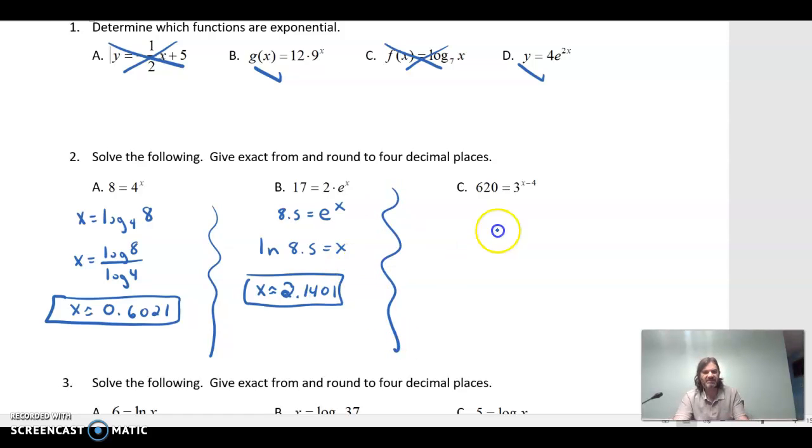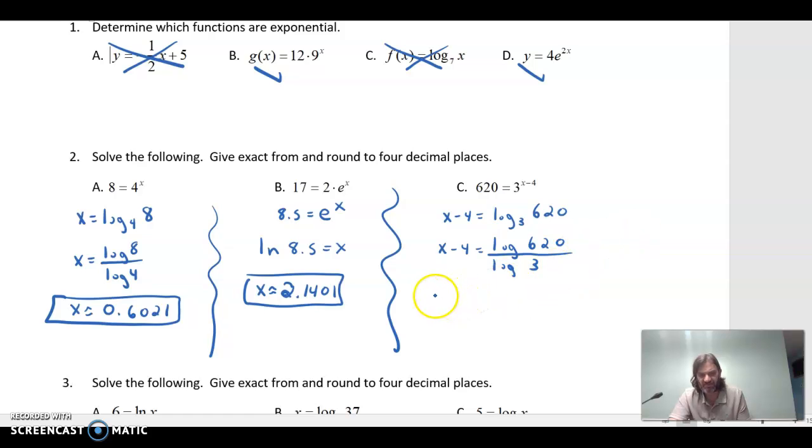And the last one here, 620 equals 3 raised to the x minus 4. So we need to get that x minus 4 out of the exponent position, so we'll change it to logarithm. X minus 4 equals log base 3 of 620. We'll use a change of base. X minus 4 equals log of 620 over log of 3.